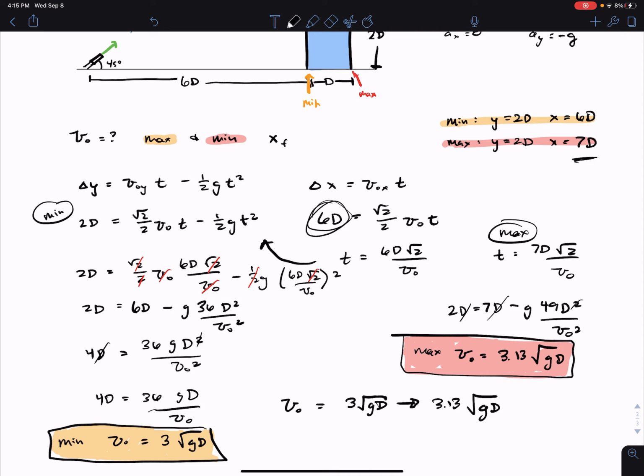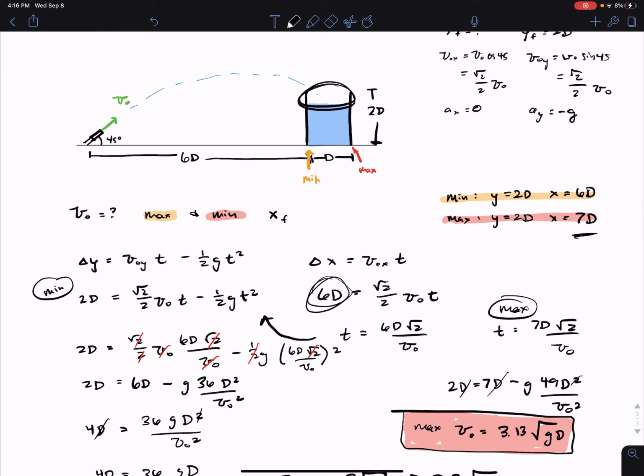Okay, so anything between 3 and 3.13 as a coefficient to the square root of g times d, that's going to give us something that goes into our tank. Okay, and then next we want to think about, oh, actually that's it. That's it.